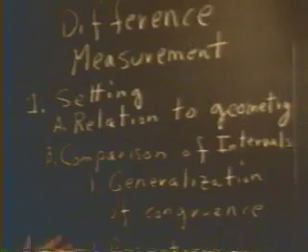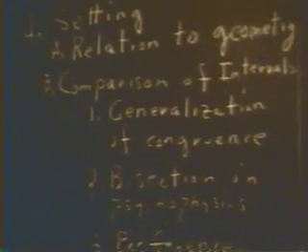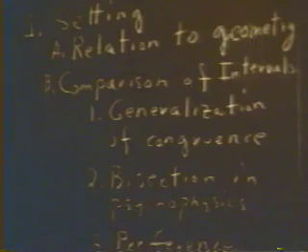An example from psychophysics, a case of comparison of differences, is a person, for example, might be given two sounds and asked to find a third sound that just bisects the difference.